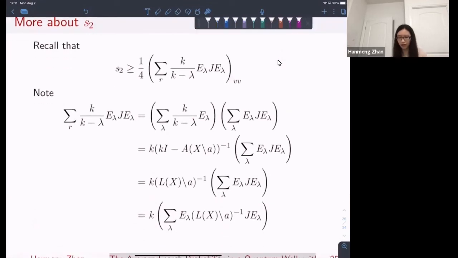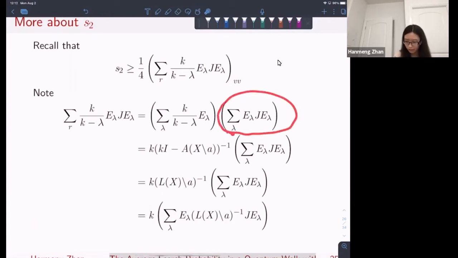The trick is to realize that each E_lambda is an idempotent, and these are orthogonal to each other. So I can actually isolate a copy of this average state in this form, because when you expand these two sums and multiply out, the only terms that survive are the E_lambdas that have the same eigenvalue. So this is what we are familiar with.